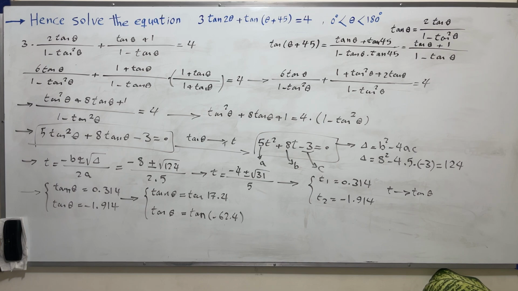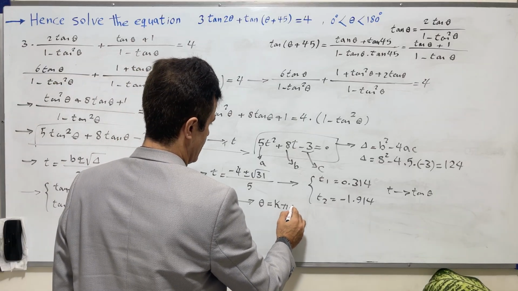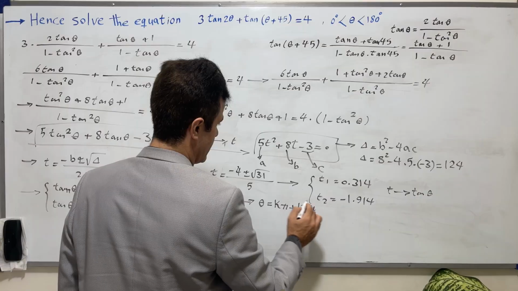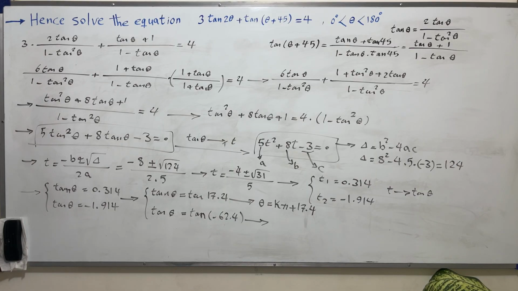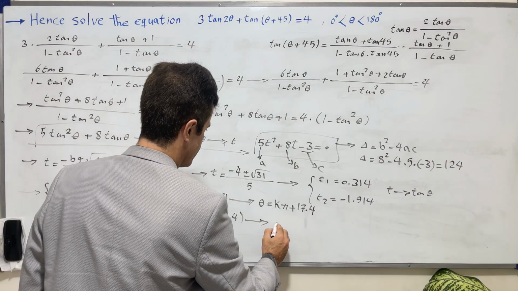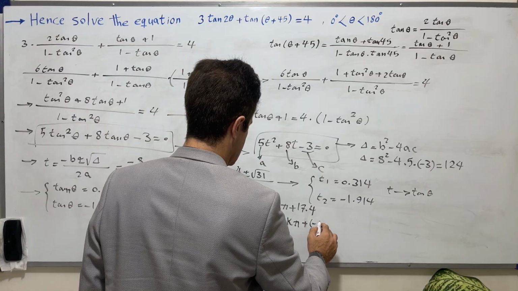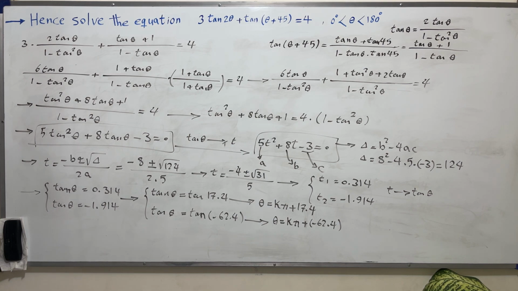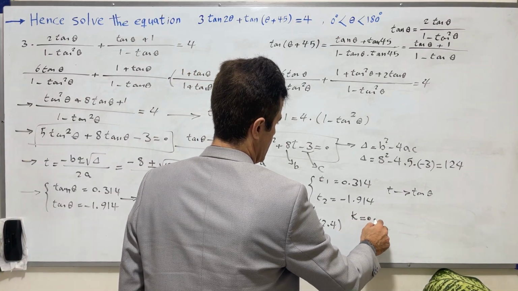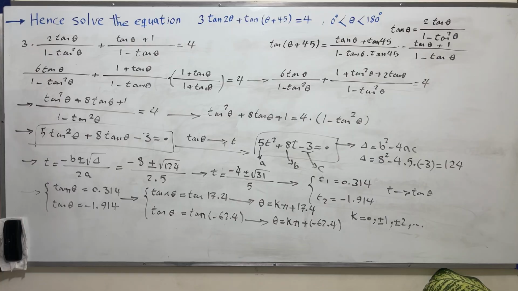For the first equation, θ equals kπ plus 17.4, and for the second equation, θ equals kπ plus minus 62.4. k equals 0, plus or minus 1, plus or minus 2 and other integer numbers.